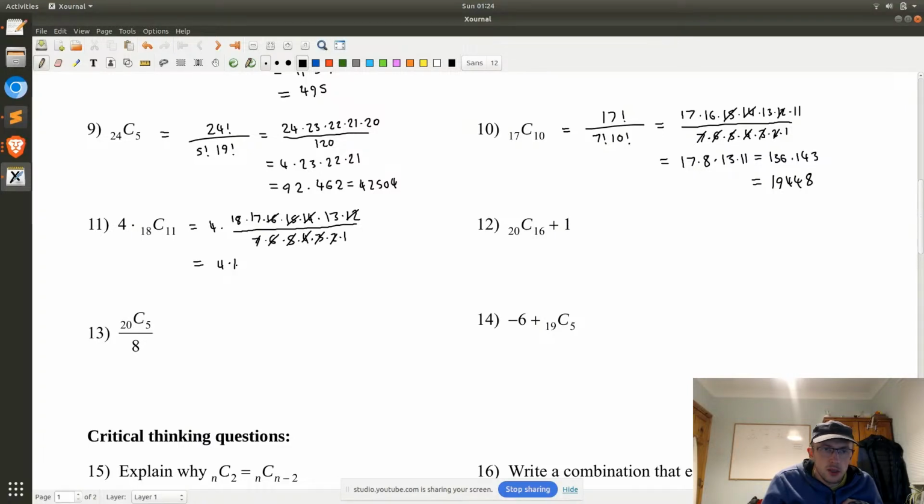So it becomes 4 times 18 times 17 times 8 times 13.